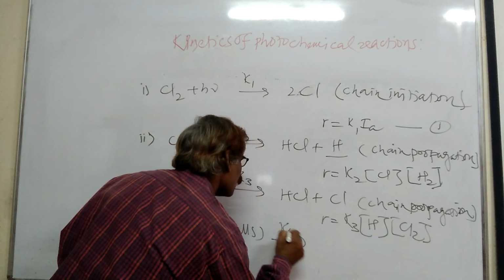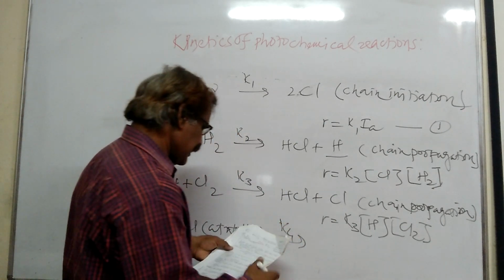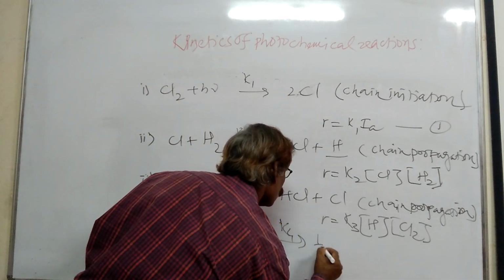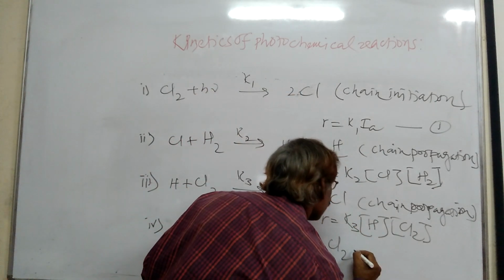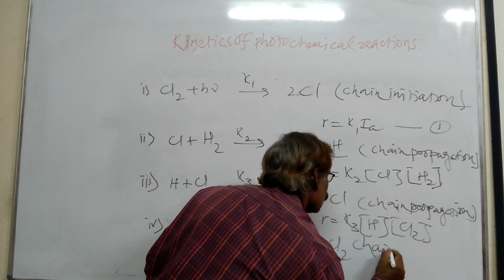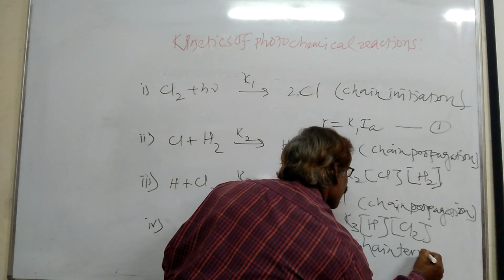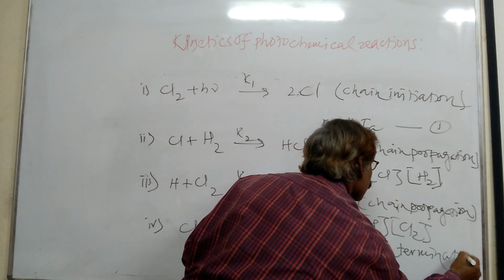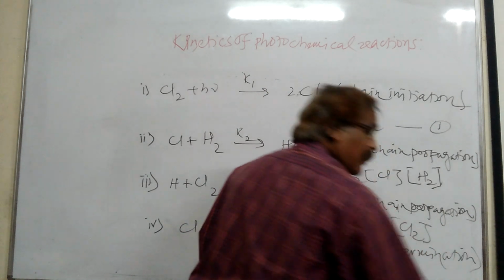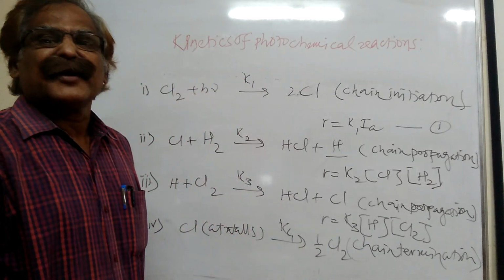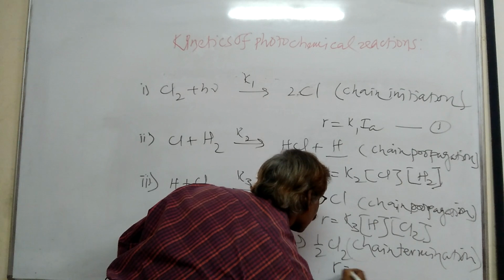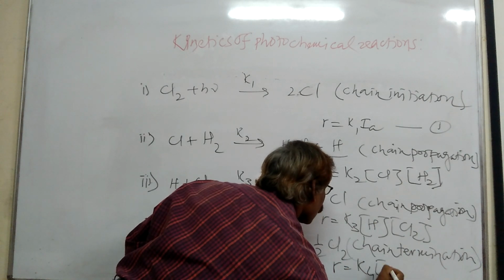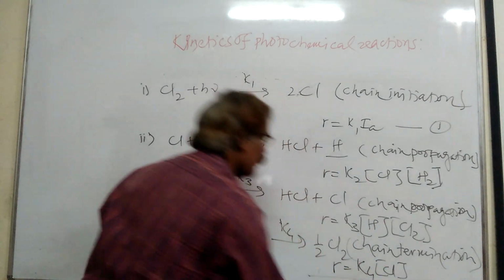The rate constant of this fourth reaction is K4, and it gives 1 by 2 Cl2. This step is known as the chain termination step, and the rate of this reaction is equal to K4 into Cl.